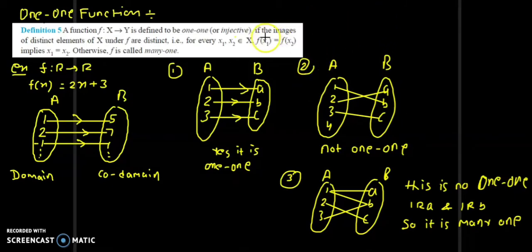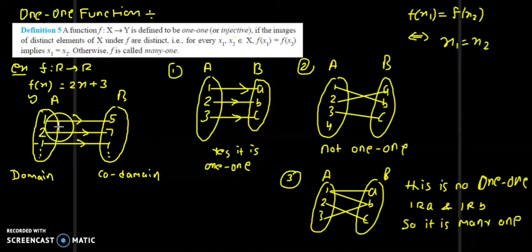That means what? f of x means y only. So if f of x1 is equal to f of x2, implies that x1 equal to x2.